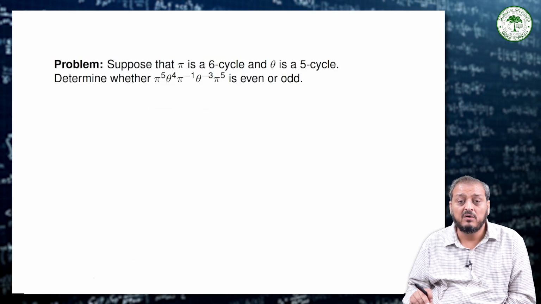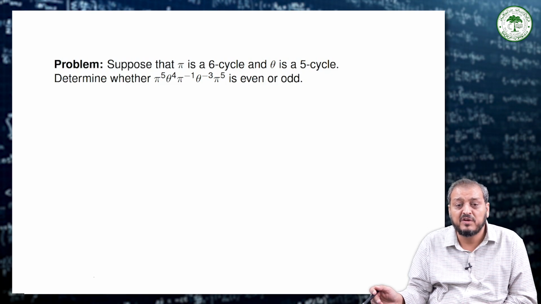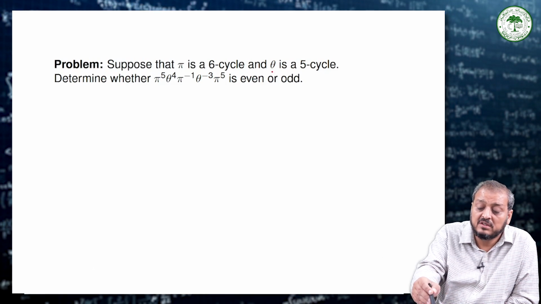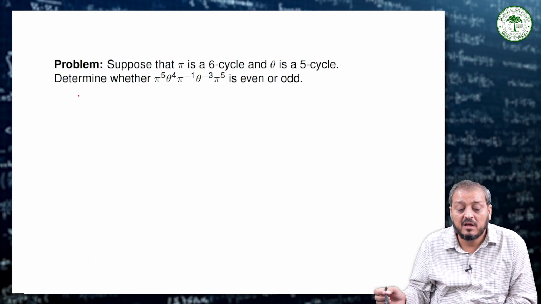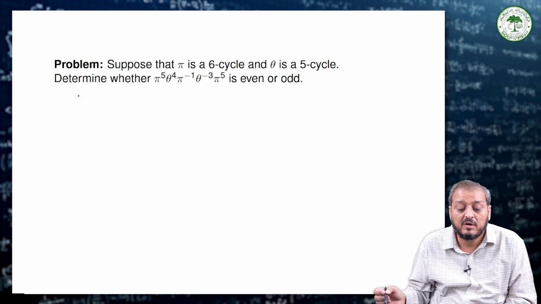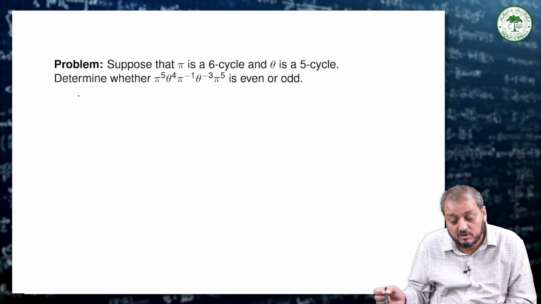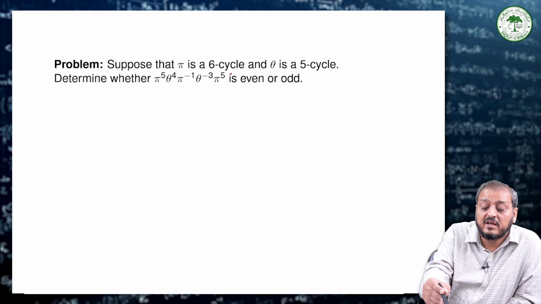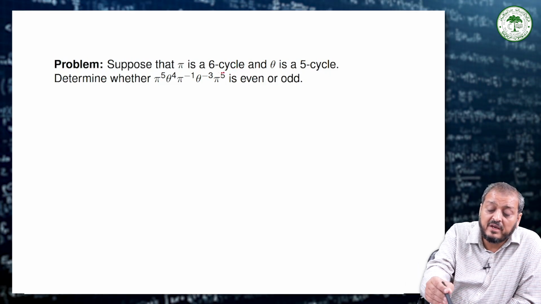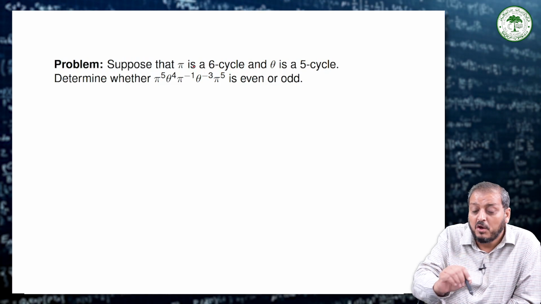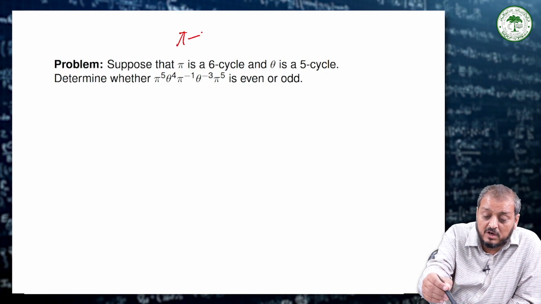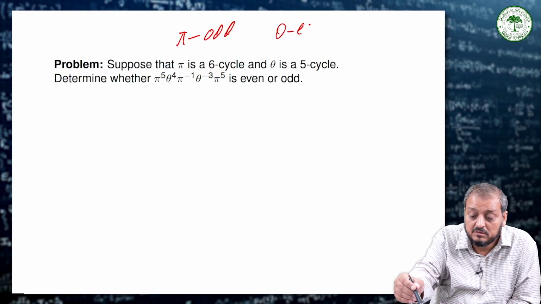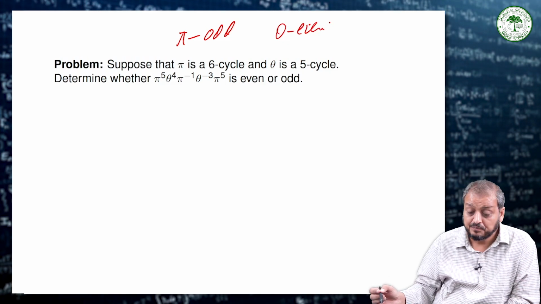Now, the next problem we have to discuss: suppose pi is a 6-cycle and theta is a 5-cycle. Determine whether pi to the power 5, theta to the power 4, pi inverse, theta to the power minus 3, and pi to the power 5 is even or odd. Because pi is a 6-cycle, pi is an odd permutation, an odd number of 2-transpositions, and theta is an even number of 2-transpositions.